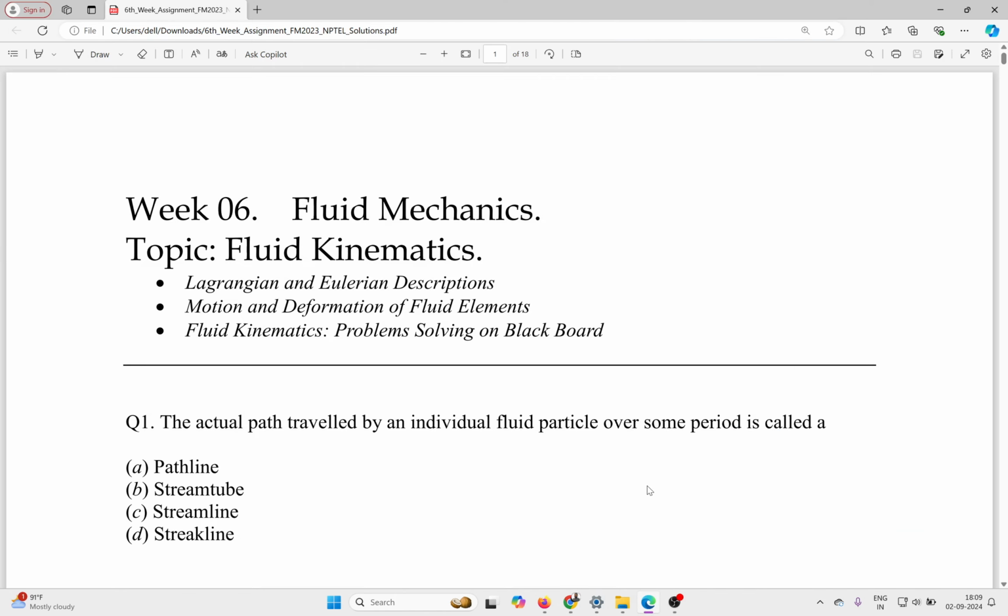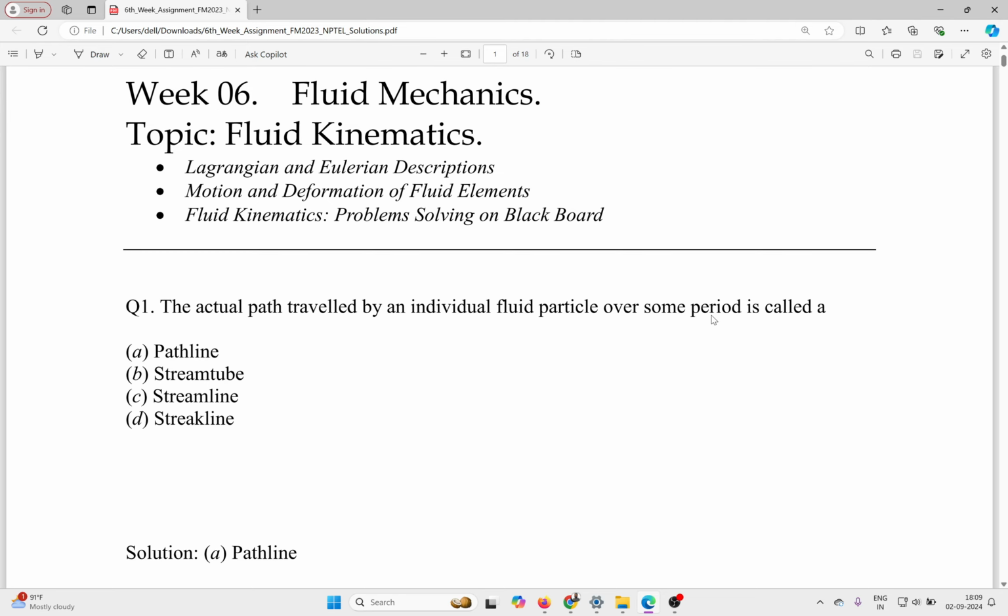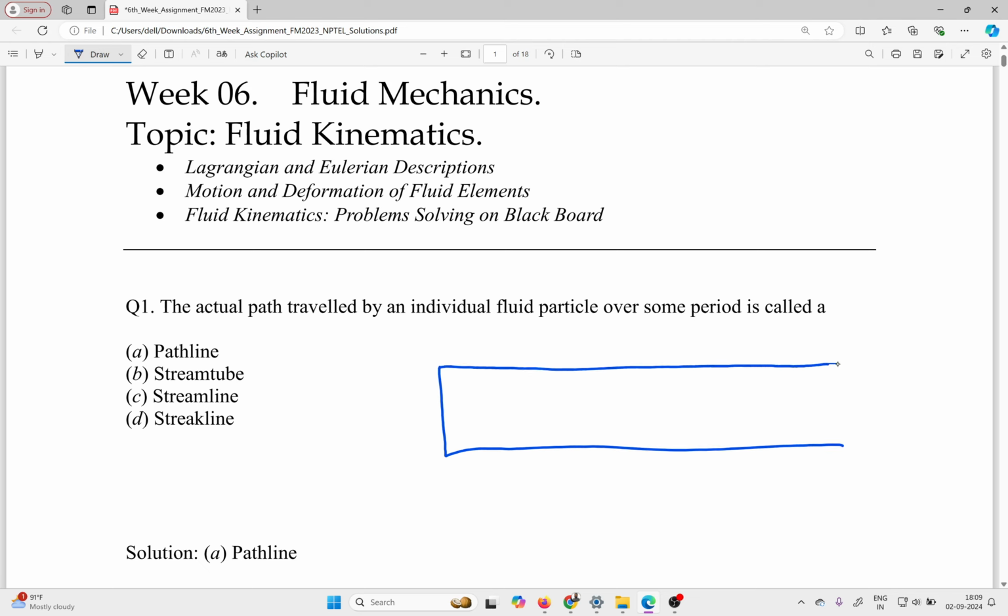Maybe for other students. So actually path line, let me discuss here. Let us suppose I have selected one fluid body, and from here fluid is entering.